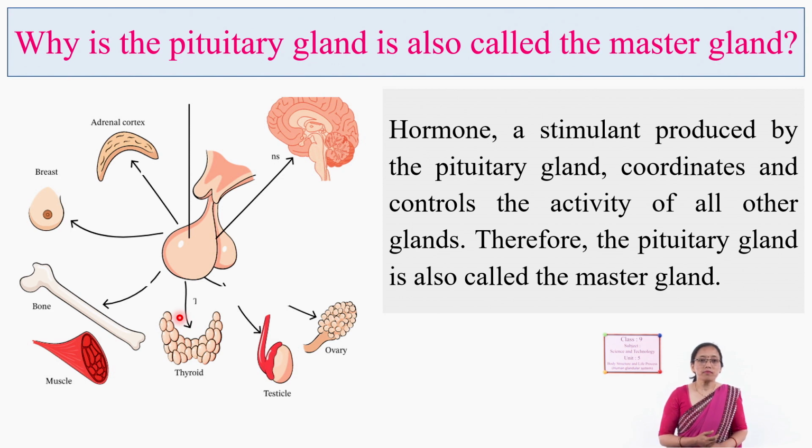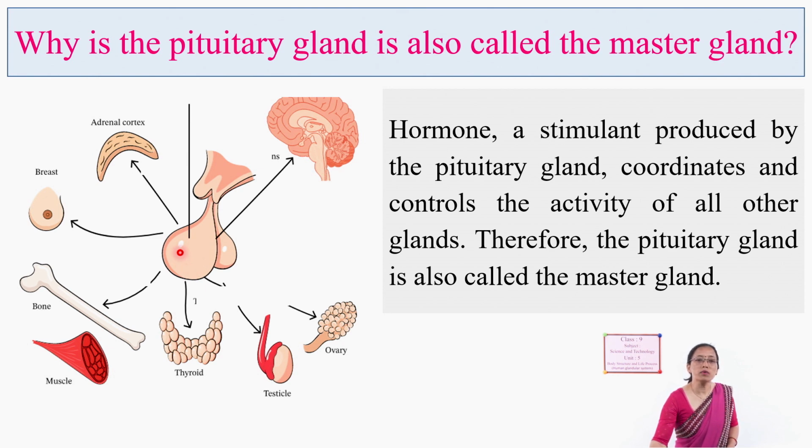Now, even though this pituitary gland is very small, just pea-sized, this gland is called the master gland. Why is it called the master gland? See here, in this picture, this is the pituitary gland and it secretes various kinds of stimulating hormones.